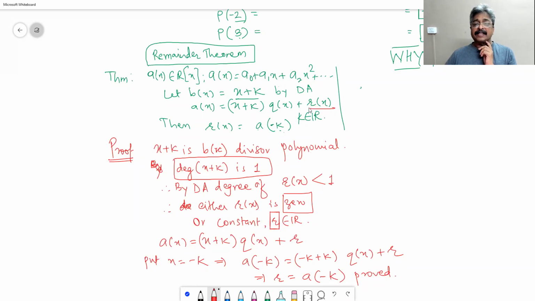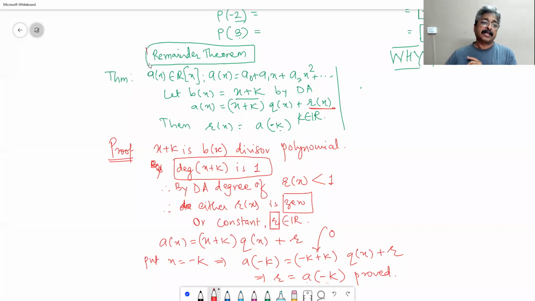So r of x is going to be a real number, and that comes out to be equal to a of opposite of k, because this term becomes 0. It doesn't matter what q of x is. Only the term which will contribute to a of opposite of k is r. And therefore, r of x is equal to a of opposite of k.